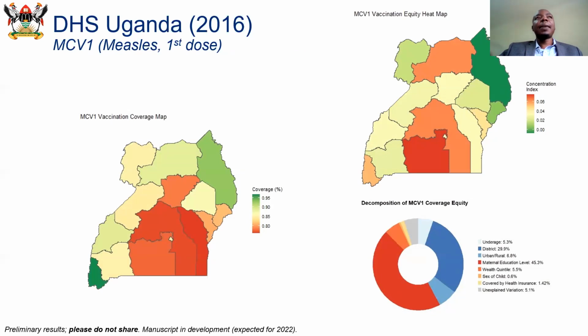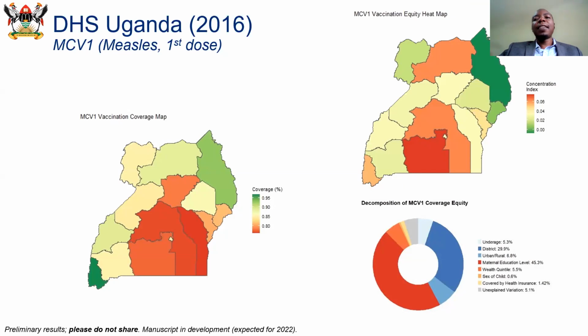So this helps, as Bryan said, the stakeholders and policymakers to make a detailed inquiry into what could be responsible for these inequities and to be able to have focused programming and interventions therein.